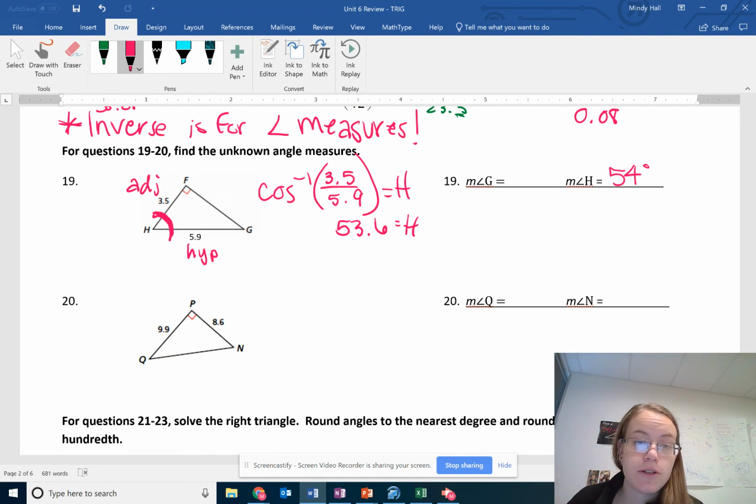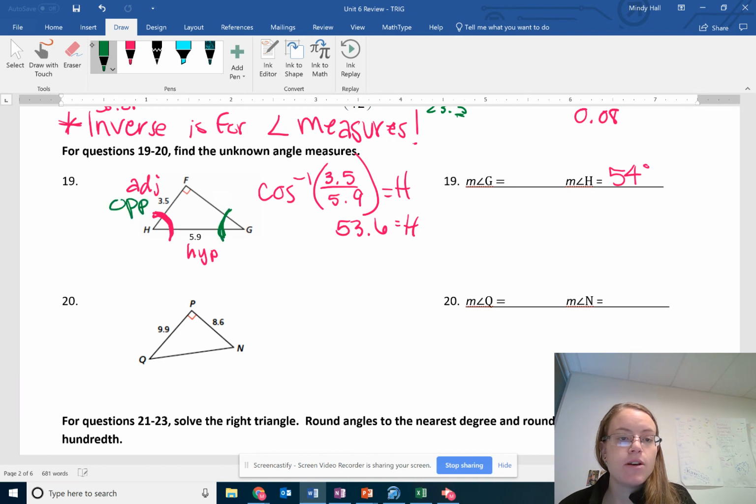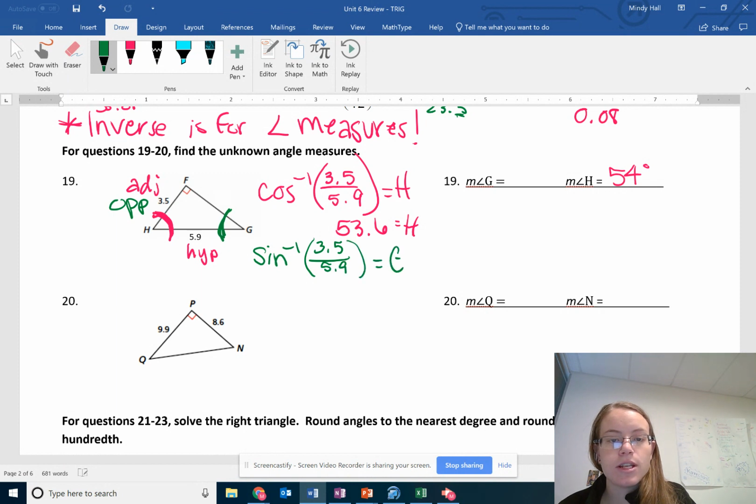To get angle G, you can either do trig again, or you can just subtract from 180. So if you wanted to use trig, 3.5 would be your opposite now over hypotenuse. So you would have inverse sine of 3.5 over 5.9 equals G. And if you do inverse sine of 3.5 divided by 5.9, you get that G is 36.3, which is just 36 degrees.